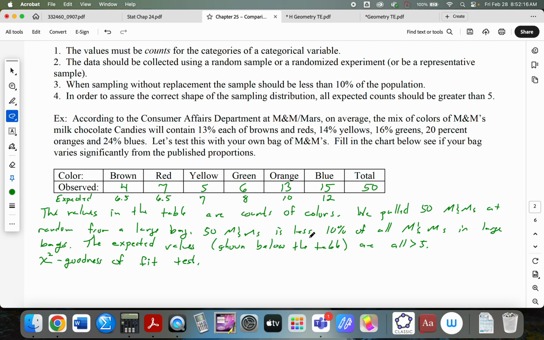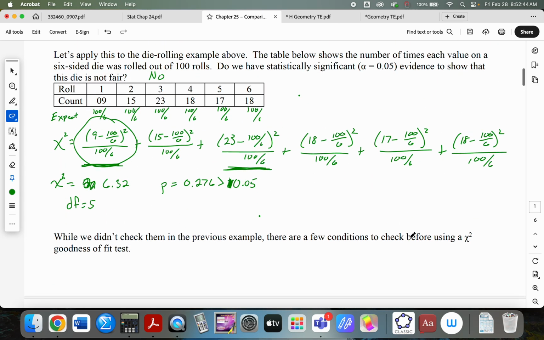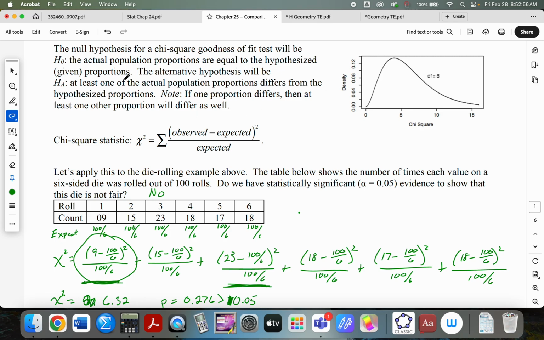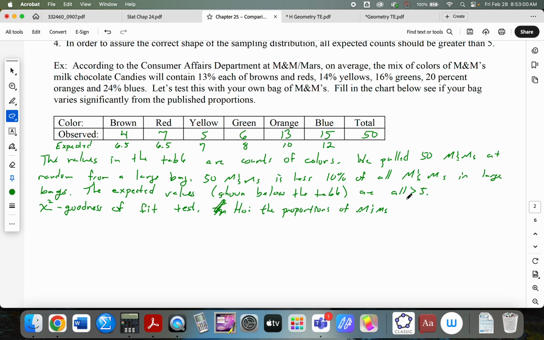Anytime you're doing a chi-square goodness of fit test, your null hypothesis is going to be that the proportions of M&Ms, and we'll go back up to this for just a second, so the actual population proportions are the same as the hypothesized or given proportions, are equal to the proportions given in the problem.